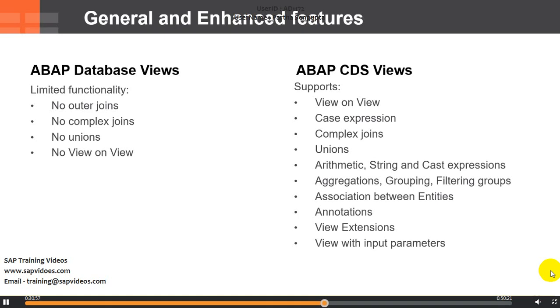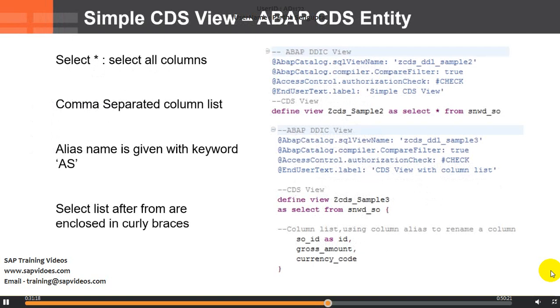Your normal SE11 view has general features, but you cannot write application logic or calculation logic in an SE11 database view. In ABAP CDS views, you can write your calculation logic, and more features are supported.